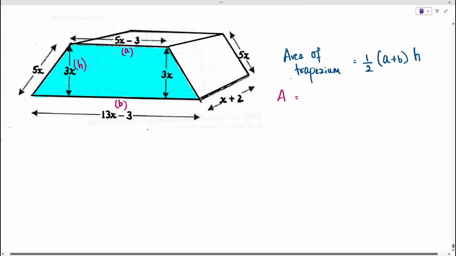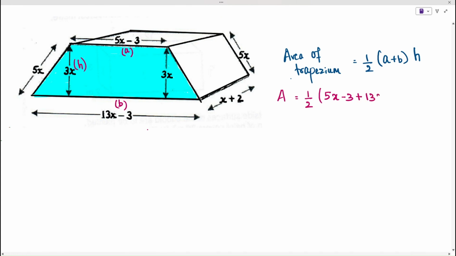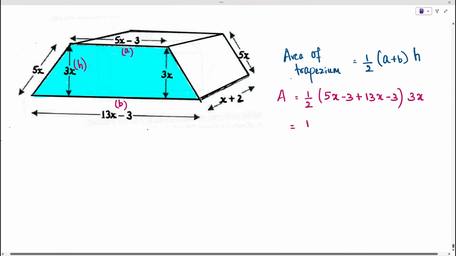So area is equal to half times 5x minus 3 plus 13x minus 3, all multiplied by 3x. When we simplify this down, we get area equal to half times 18x minus 6 times 3x.